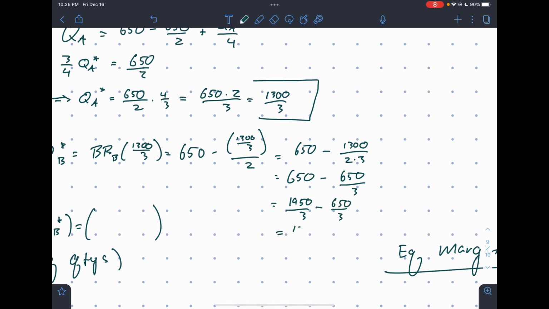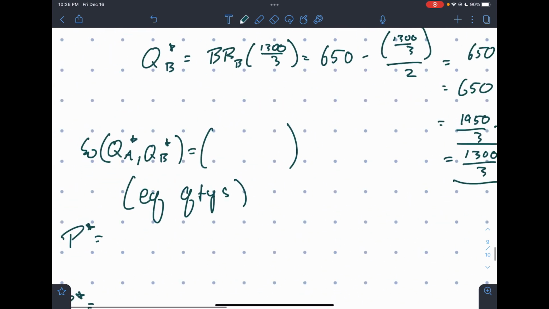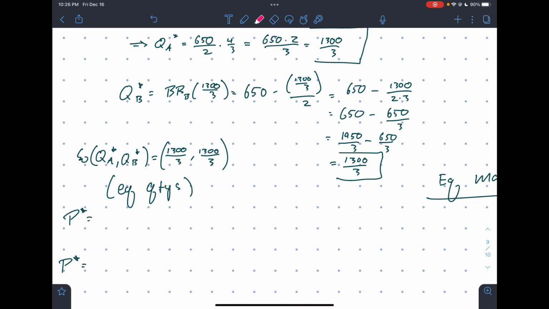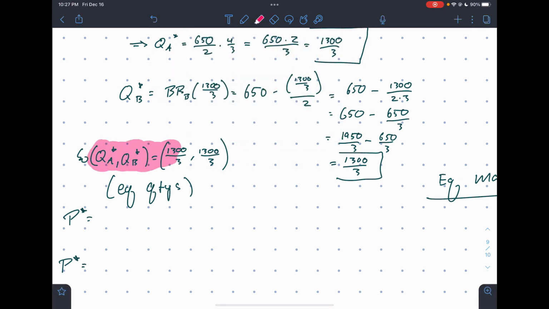And that ends up being a nice symmetric 1300 over 3. So equilibrium quantities are 1300 over 3 and 1300 divided by 3. These are the equilibria.